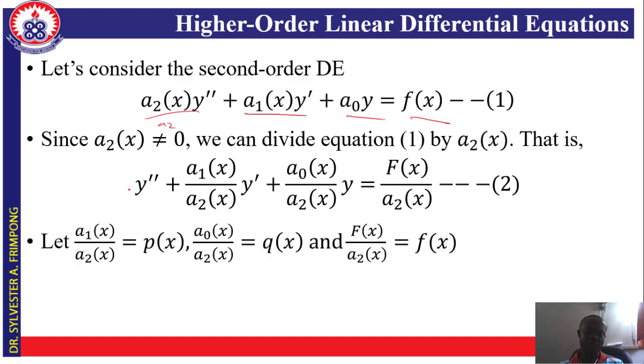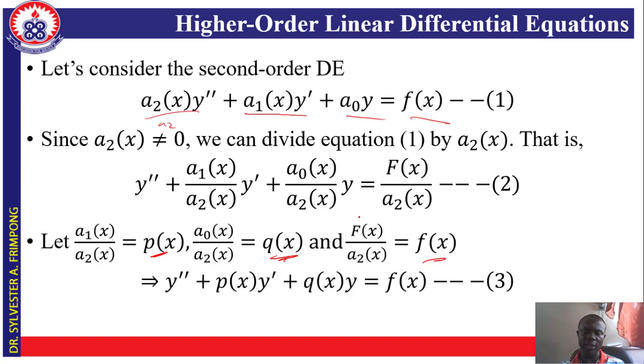Now if we let a_1(x) over a_2(x) be p(x), a_0(x) over a_2(x) equal q(x), and f(x) over a_2(x) equal F(x), then we can write the second order differential equation as y'' plus p(x) y' plus q(x) y equals F(x). And this we call the standard form of the second order ordinary differential equation.